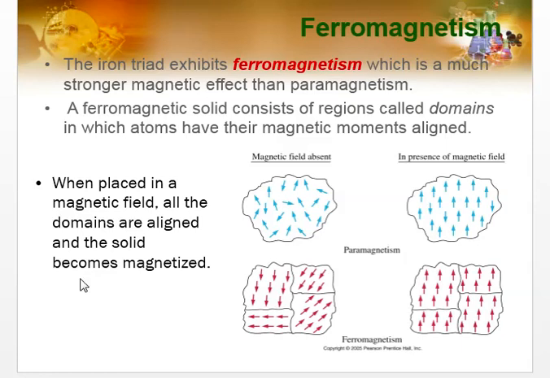Here the magnetic field is absent, but here it is present. When placed in a magnetic field, all the domains are aligned and the solid becomes magnetized.